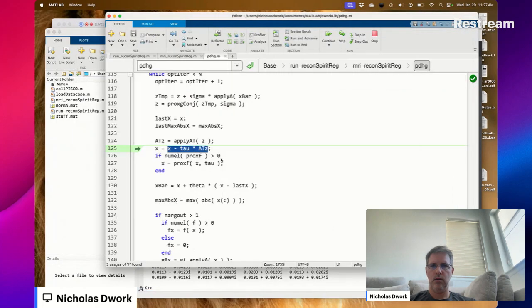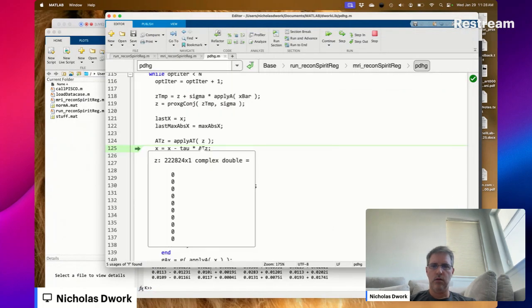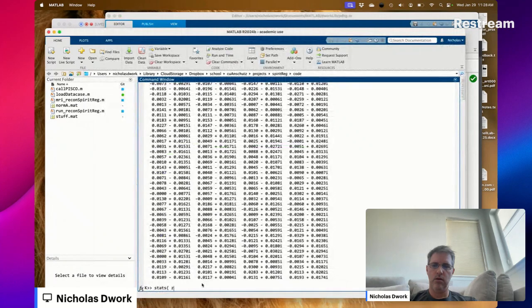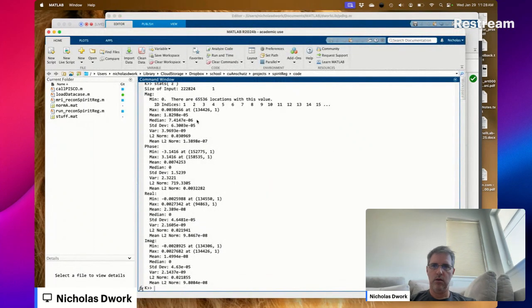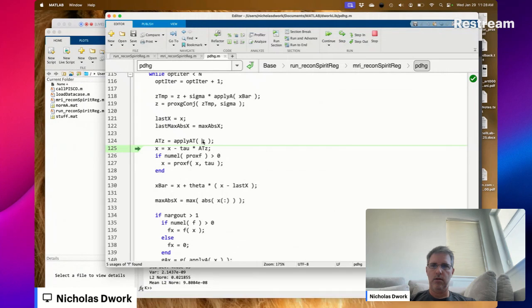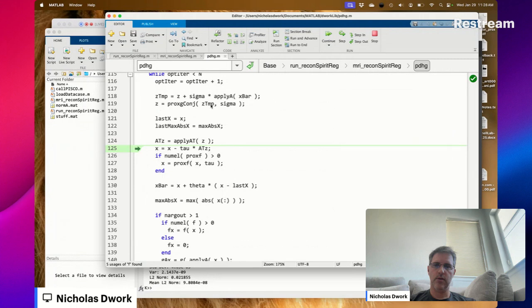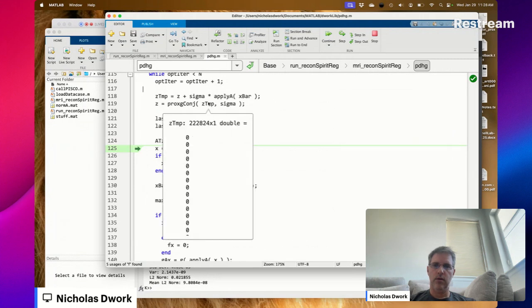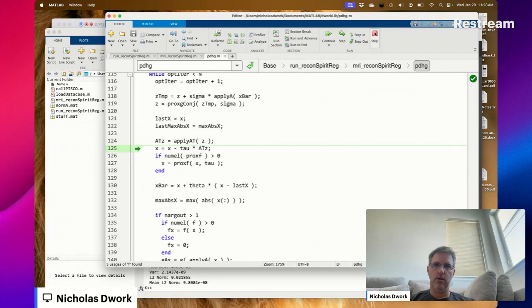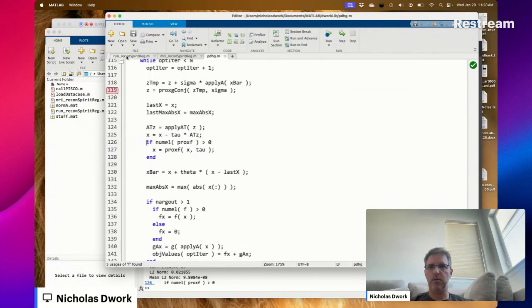Huh. What is this proximal conjugate operator?